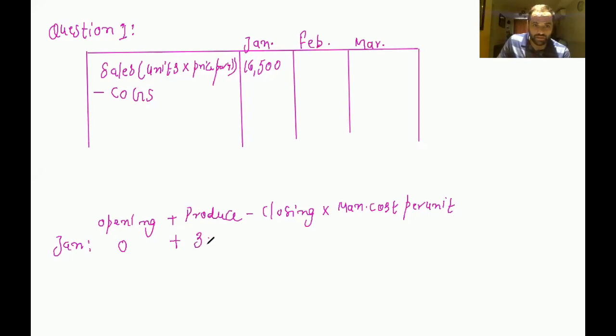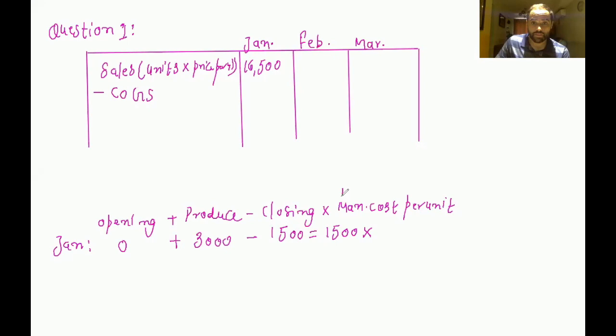And the closing is? How much is closing? 1,500. So cost of goods sold units are 1,500. Multiply by manufacturing cost per unit.